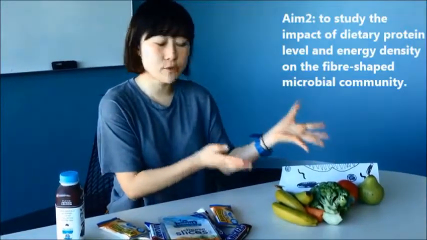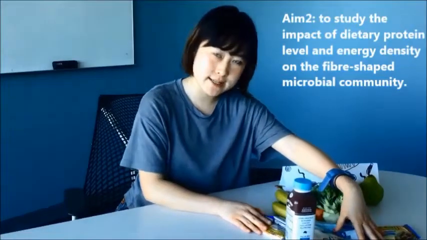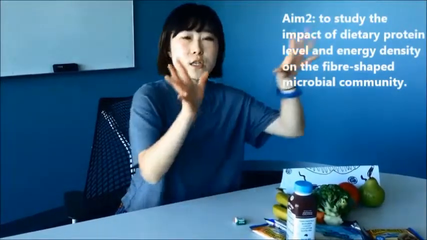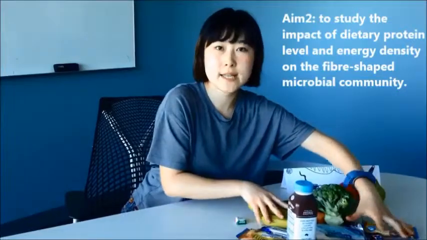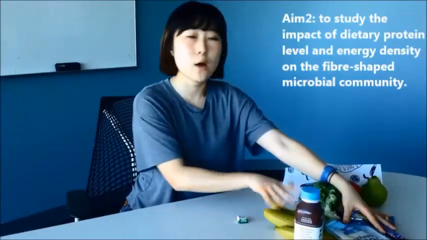No, we need other food components as well, such as protein and fat, and the total energy density is important as well. So our second aim of this study is to look at the fiber microbial interaction within the context of different protein level and energy density, and we hypothesize this protein level and energy density difference will impact our interaction as well.